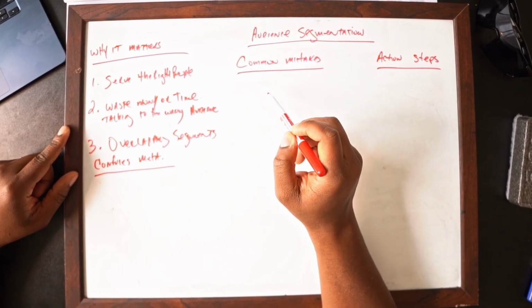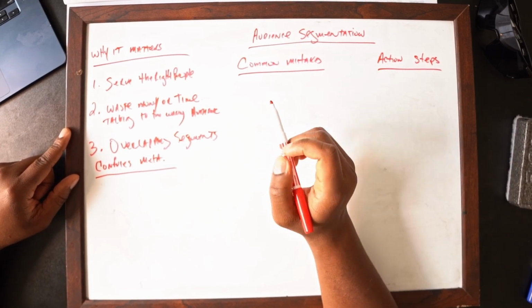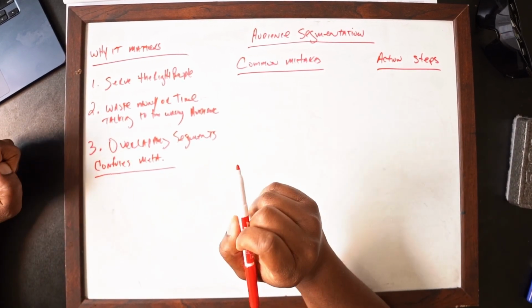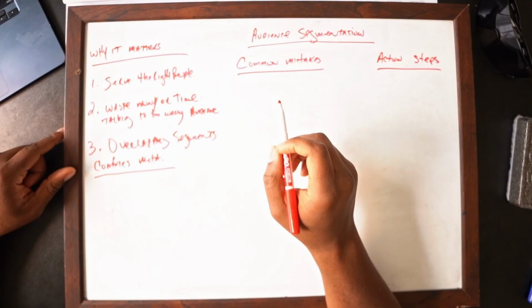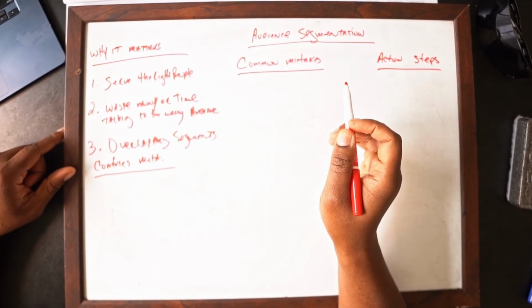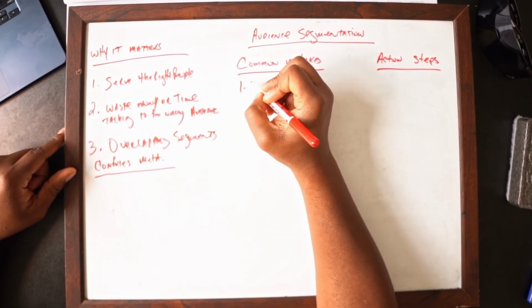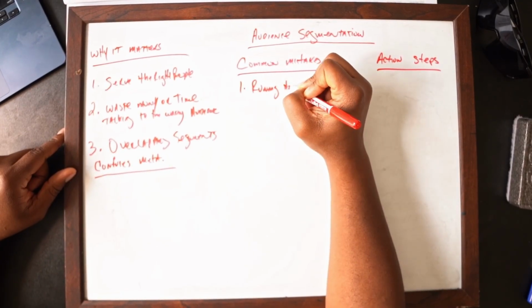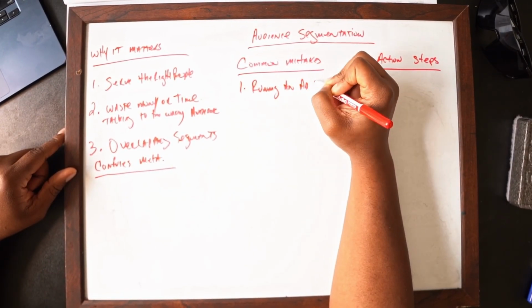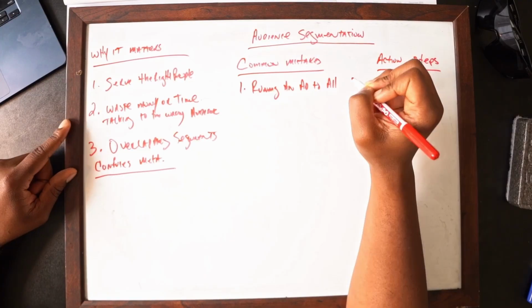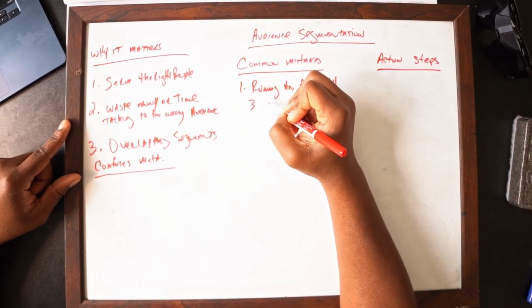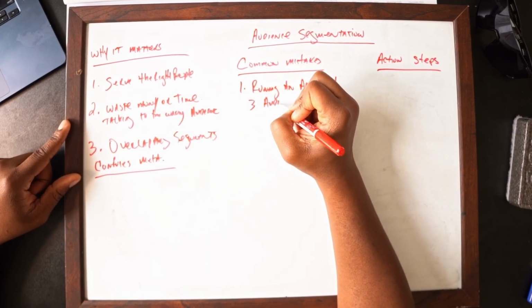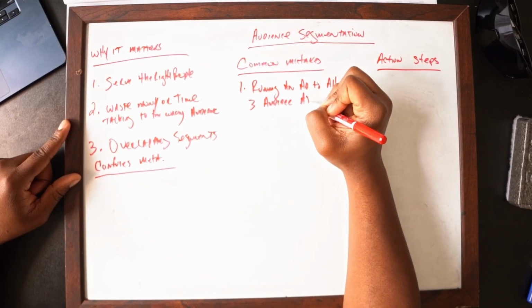Here's some common mistakes before we get into the goal. The most common mistake that I see is people running the same ad the entire time, right? Running an ad to all 3 audiences at one time.